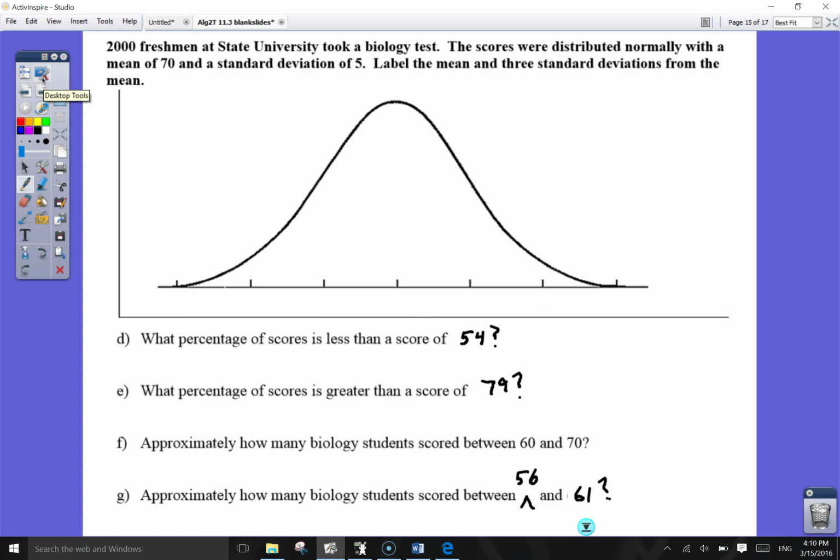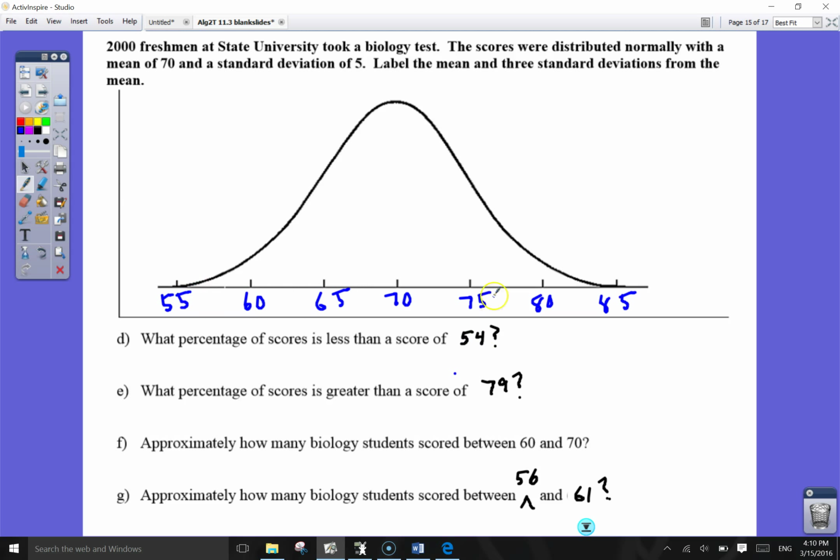Okay, now we kind of already did this, but there's a reason I scratched these out on the worksheet, because they were all asking these whole numbers of standard deviations to either side. And the fact is, it won't always be that way. Let me relabel this. 70, 75, 80, 85, 65, 60, 55.